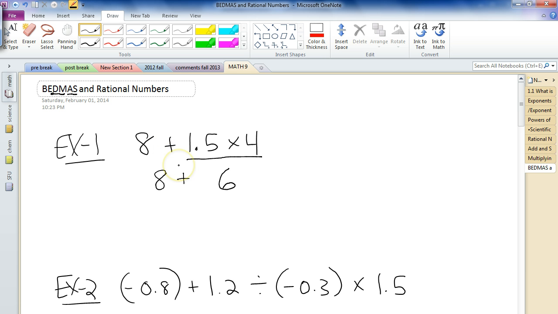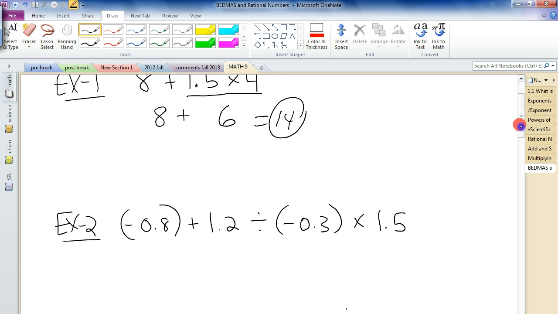Now, if on a calculator you punched in 8 plus 1.5 times 4, you would get the wrong answer. You have to follow BEDMAS. Calculators don't follow BEDMAS. They just follow the order that you punch the numbers in. So don't get crazy with using the calculator. You still have to put some thought into this first. Anyways, 8 plus 6 is 14, and you're done.